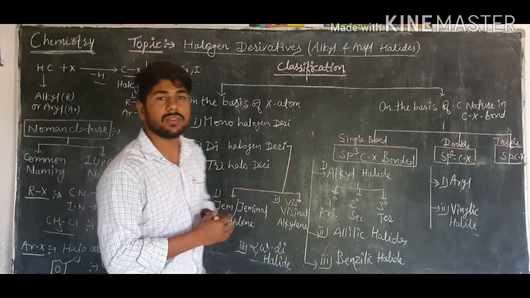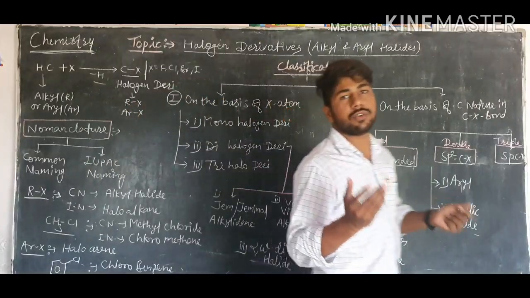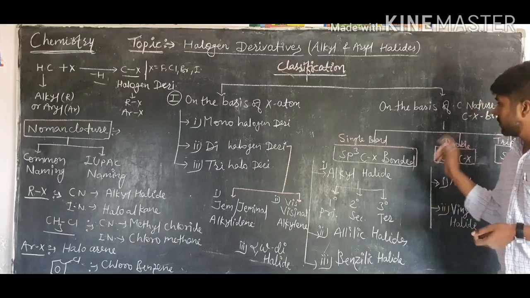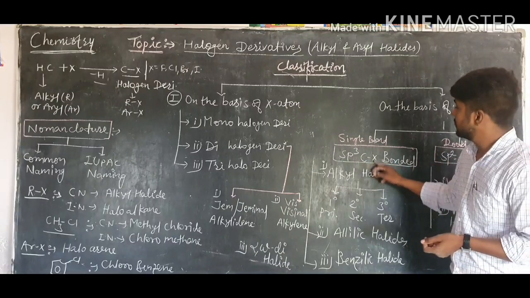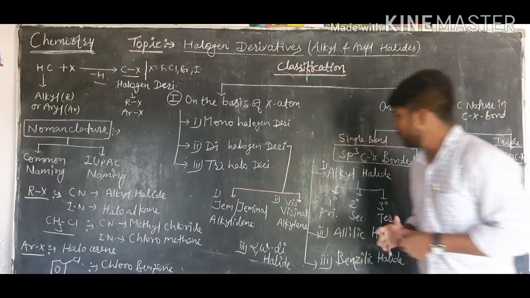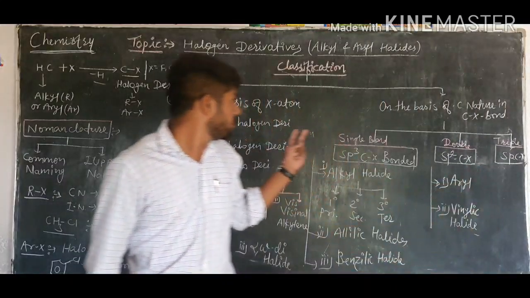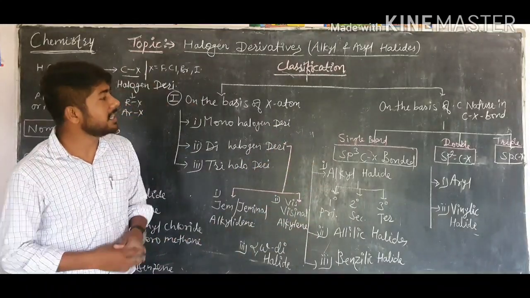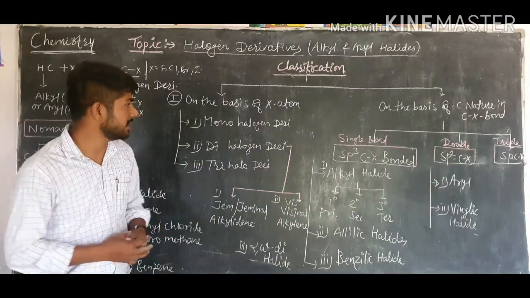All these derivatives have different chemical properties, and the reason is the hybridization of the carbon atom. So there are three types: sp3 C-X bonded, sp2 C-X bonded and sp C-X bonded.